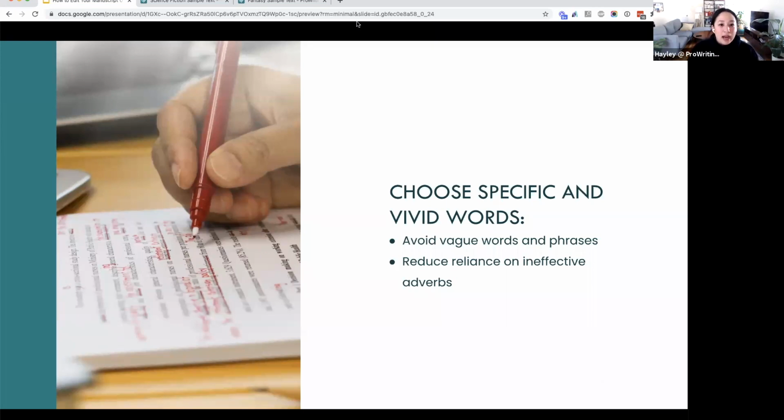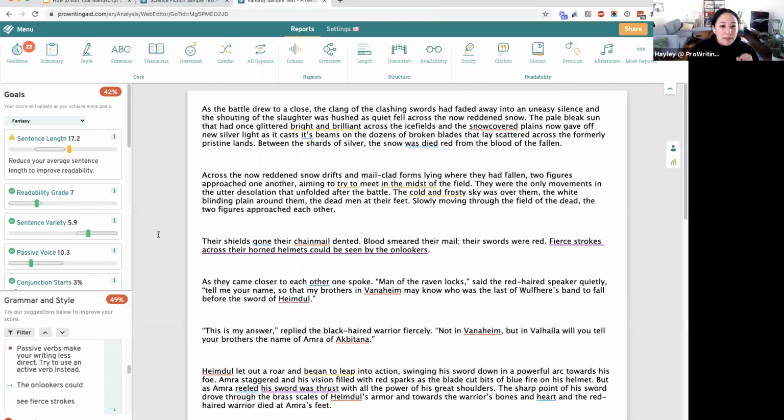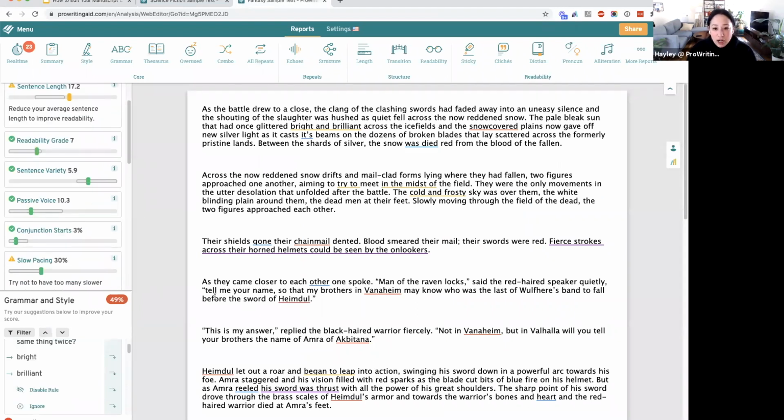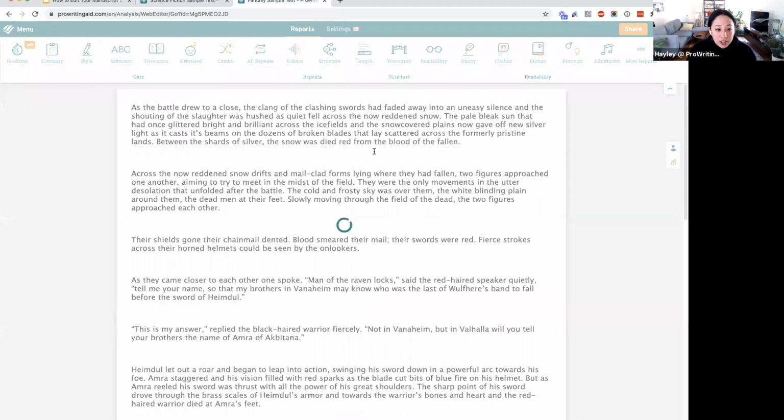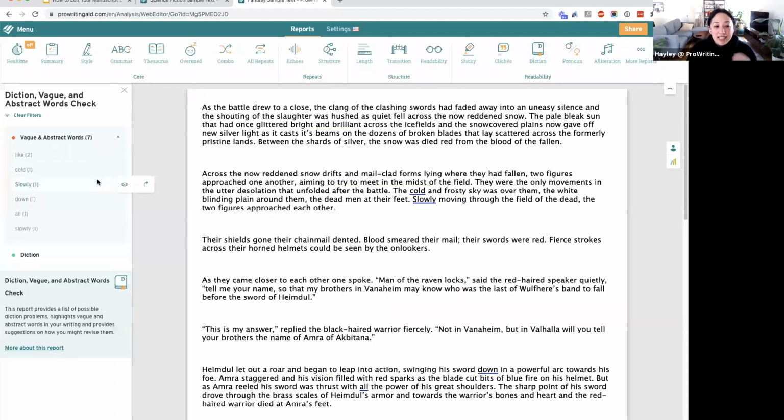Okay, so in terms of how ProWritingAid can help you with that, we have a bunch of different options. We're going to talk a little bit more about repeats and redundancies in our next section, but I do want to call your attention to our diction report, which will highlight exact instances of vague or abstract words, places where you've used words that don't really mean anything, and you can replace them with a more effective word, or places where you've used adverbs that, again, just really don't add anything there.